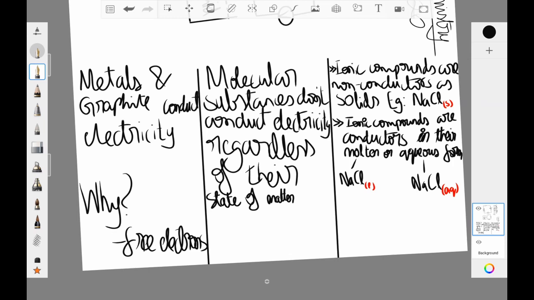Why? Because all metals and graphite have free electrons, which can carry electrical charges. Number two, molecular substances such as H2O, CO2, ethanol, petrol, etc. won't conduct electricity regardless of what state of matter they are in. So as solids or solutions or even liquids, they aren't going to conduct electricity, hence they are insulators.